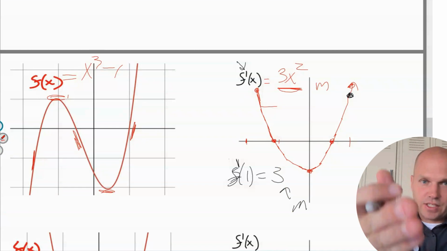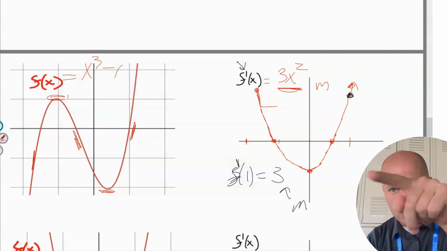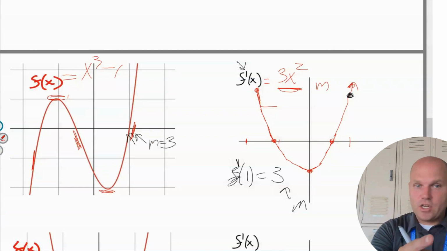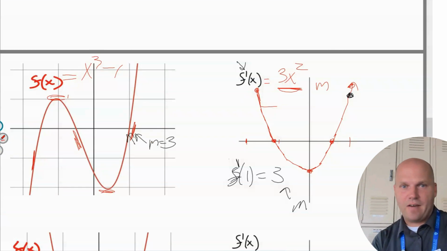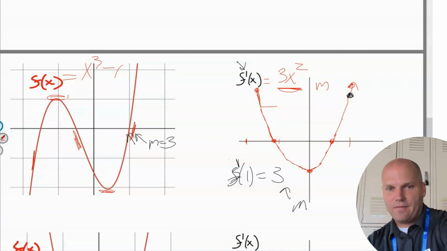Plug in x's, you get m's. 3 is the slope right here. That value is now known, no longer approximated. How do I know that slope is 3? Because I found the equation of the slopes of f. I can plug in x's and I'll get m's of f.